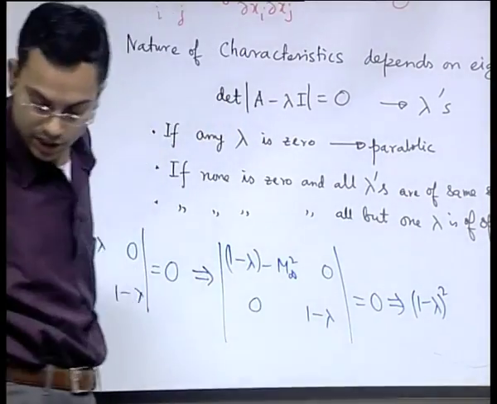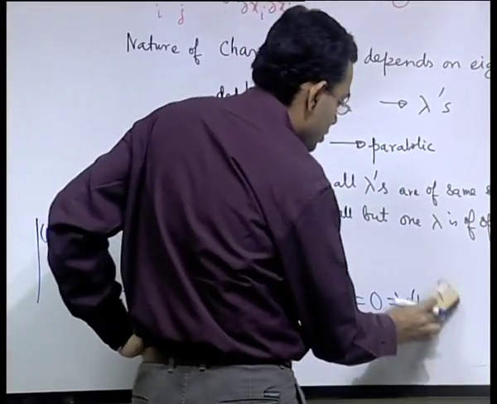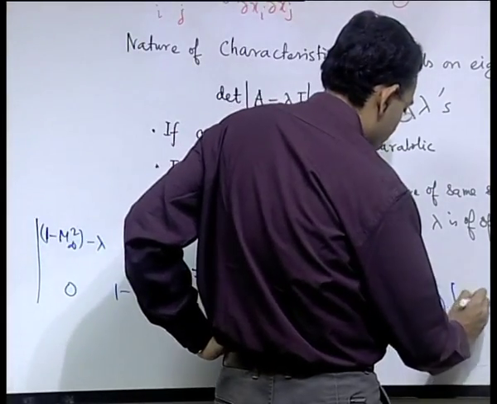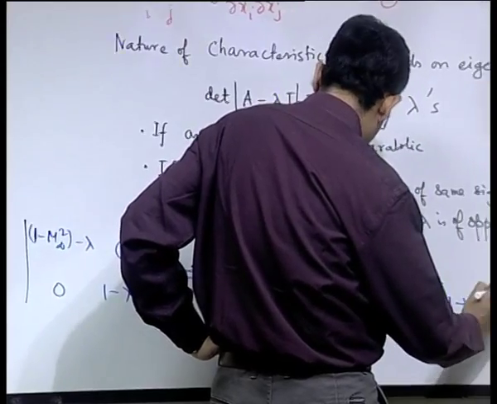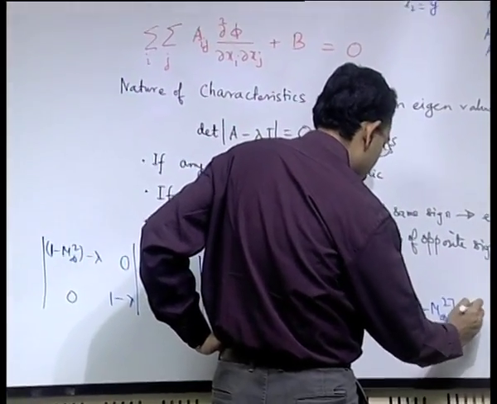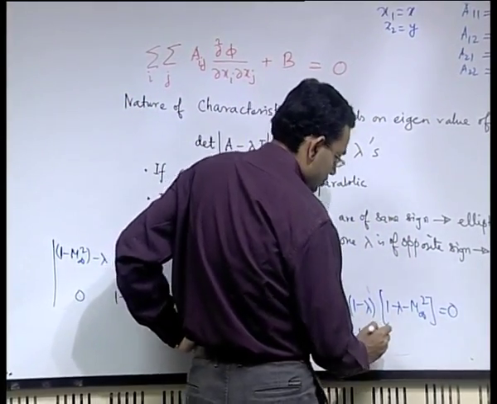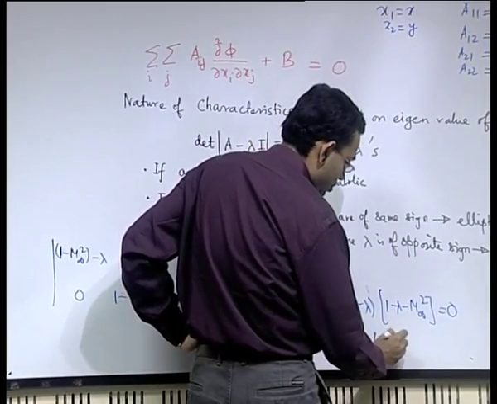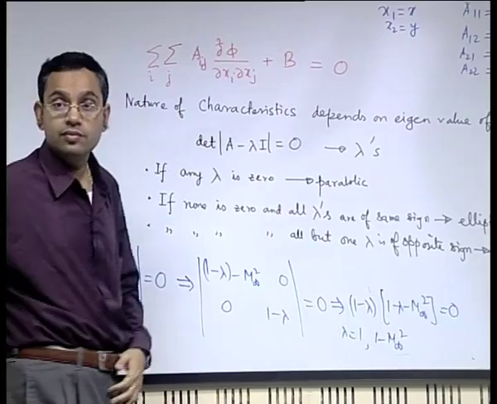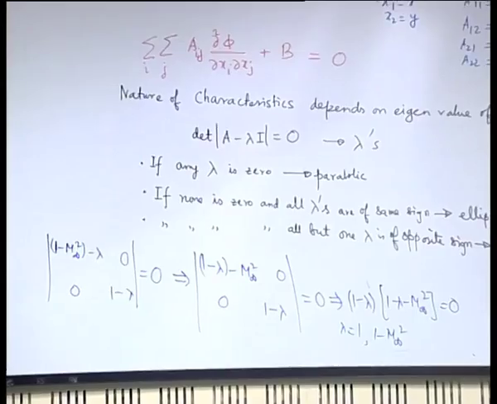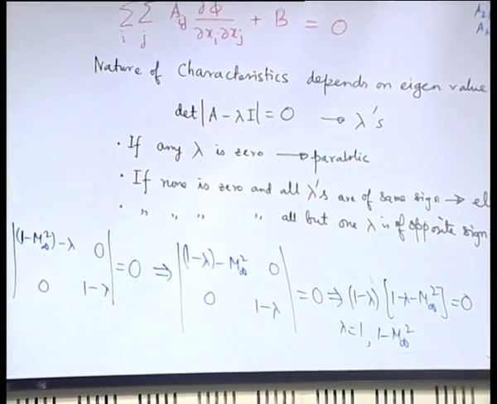So 1 minus lambda into 1 minus M infinity square minus lambda equal to 0. So lambda equals 1 and 1 minus M infinity square.